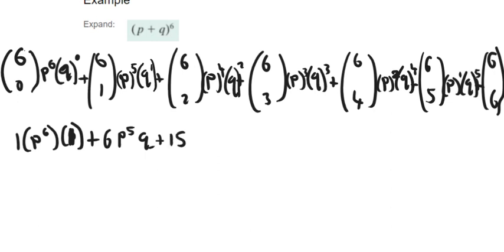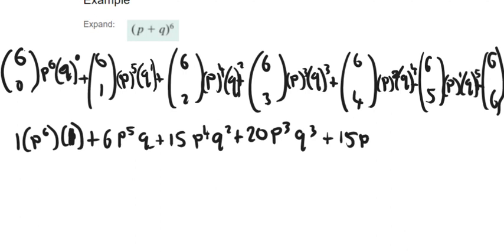It'll be 15, p to the power of 4, and then q squared. 6 choose 3, again use the calculator, you should get 20, p to the power of 3 and q to the power of 3. 6 choose 4 is the same thing as 6 choose 2, so it'll be 15, p squared q to the power of 4. 6 choose 5 is the same thing as 6 choose 1, so it's 6 p q to the power of 5.